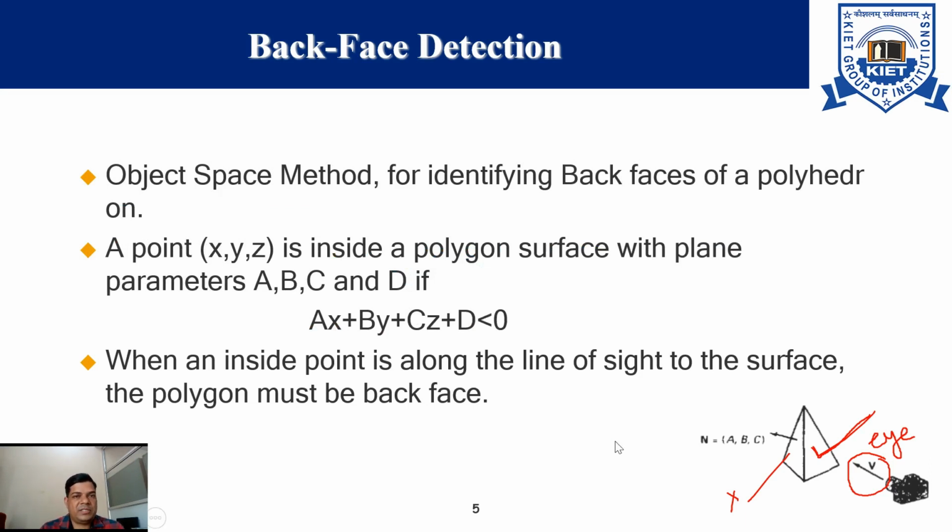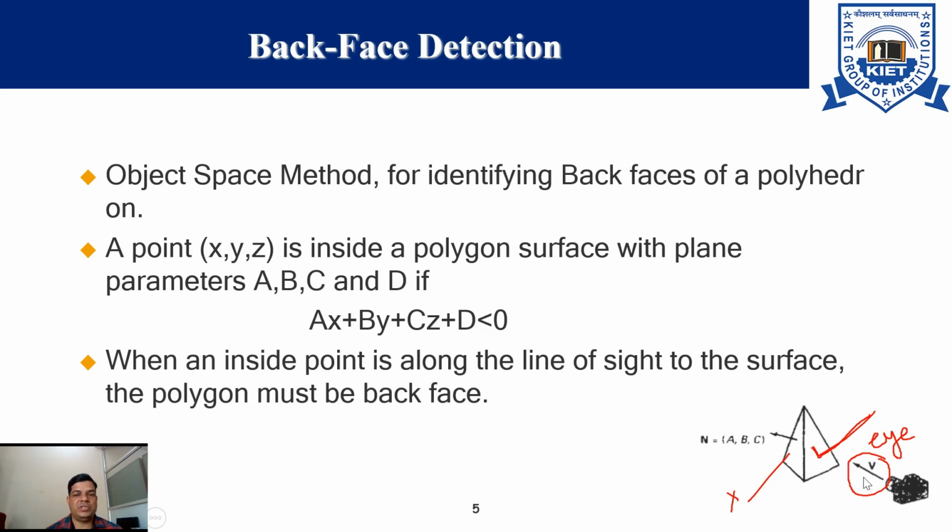So the first algorithm is backface detection, and this algorithm is based on the object space method for identifying backfaces of a polyhedron. A point x, y, z is inside a polygon surface with plane parameters a, b, c, d if ax plus by plus cz plus d is less than 0. Here in the figure you can see the polyhedron with various faces.